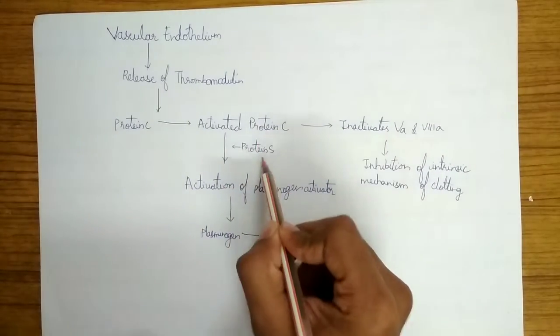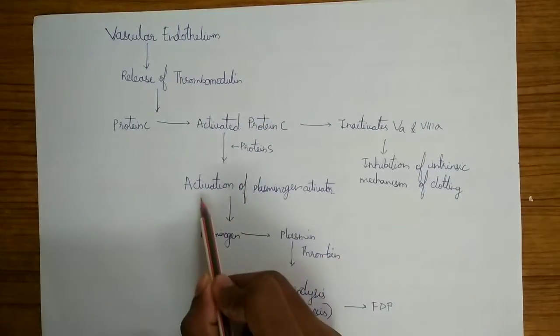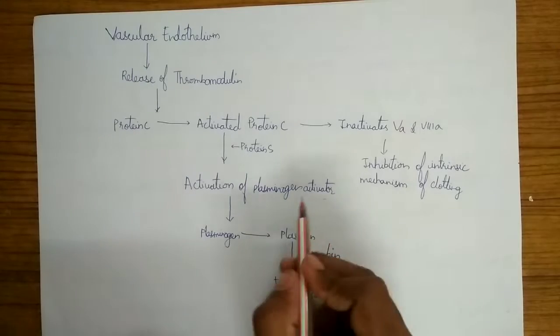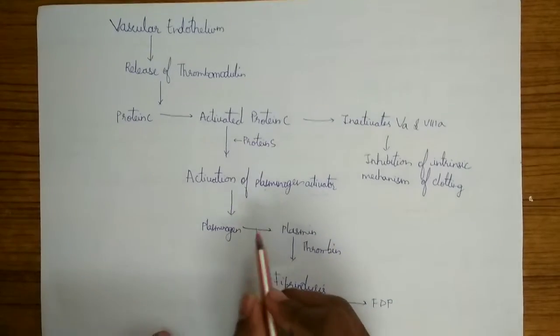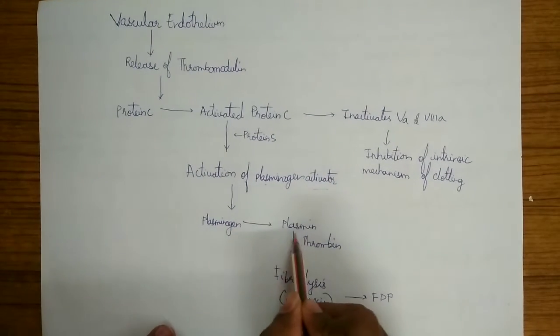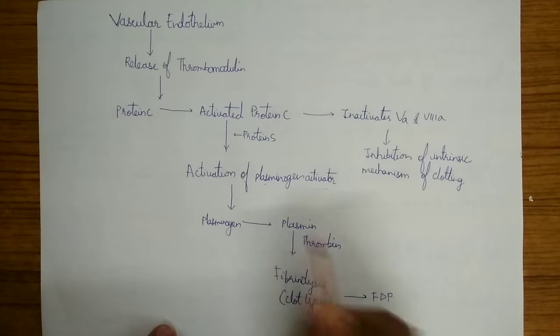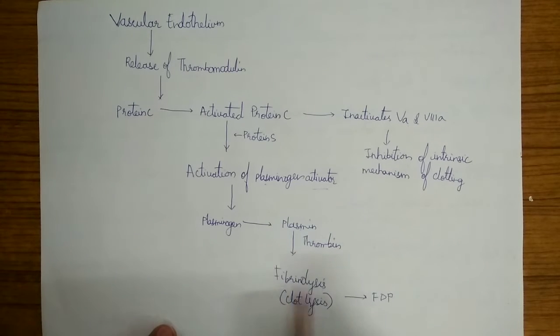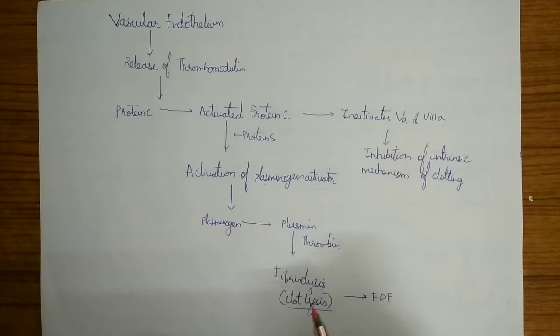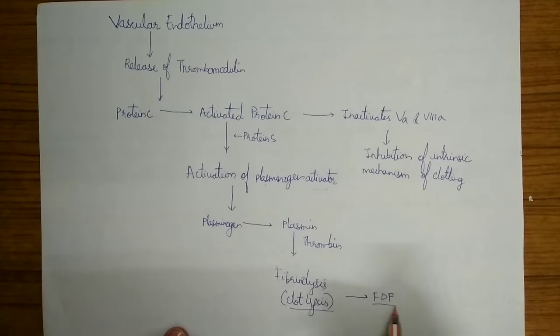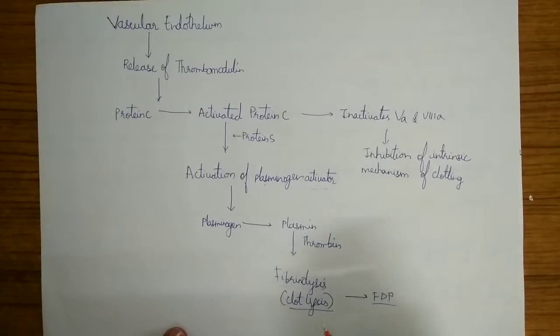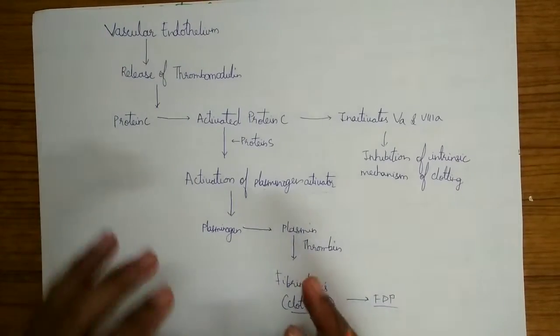The protein C along with protein S activates the plasminogen activator, which again converts plasminogen into plasmin. This plasmin along with the thrombin causes fibrinolysis or clot lysis and converts fibrin into FDP or fibrin degradation products. So therefore anti-clotting is done.